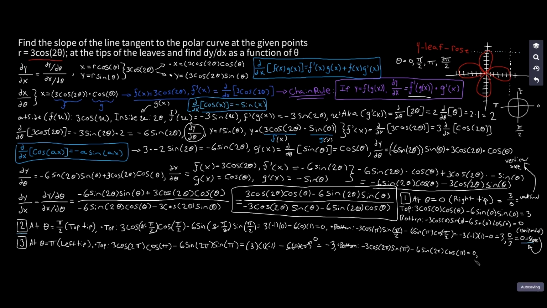And so that means we're going to have -3 over 0, and that's going to be undefined and vertical. Yeah, we're going to have a vertical slope right here.